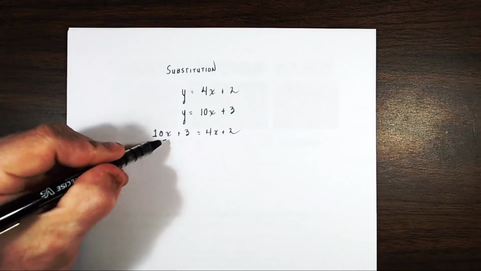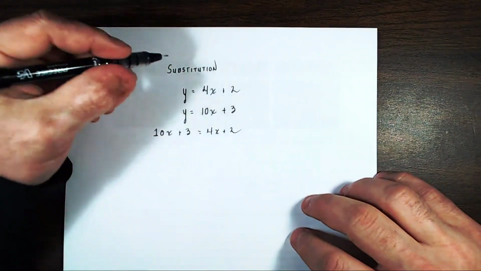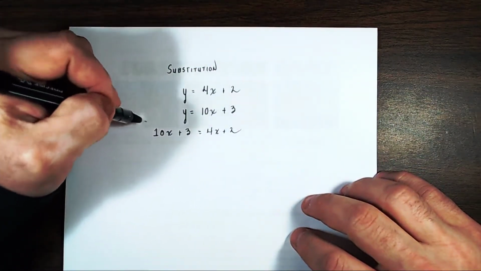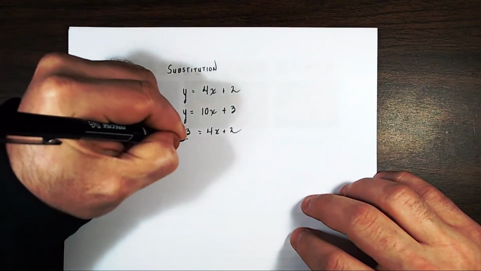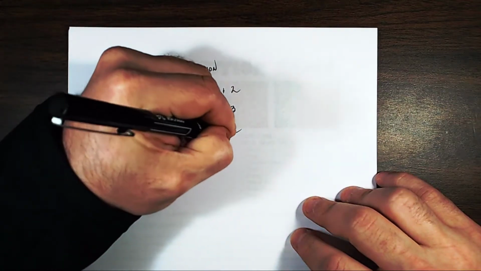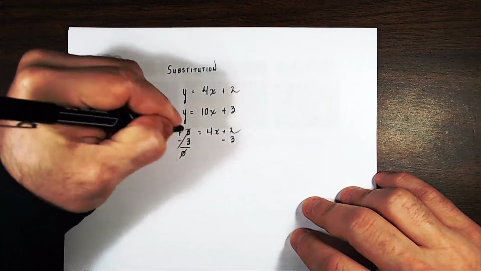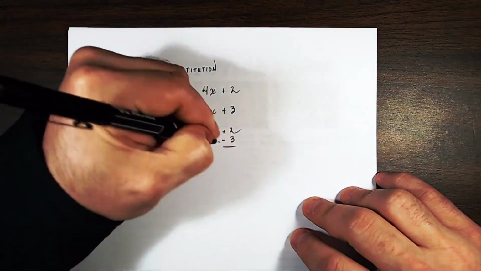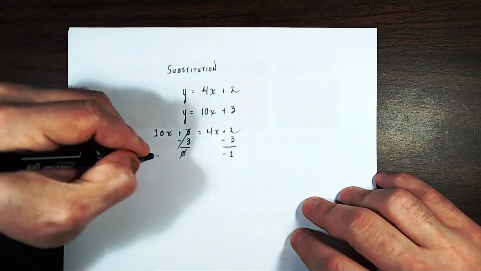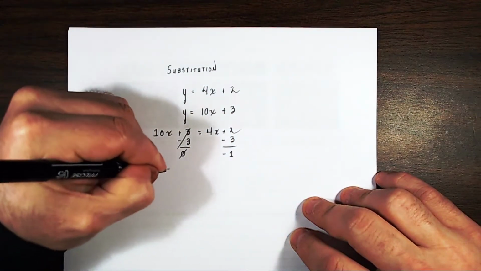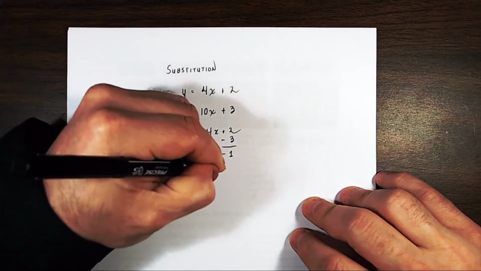And now I'm going to solve for x. So let's work through the solution. I want to gather all my x's on the left side and all my numbers on the right side. So I'll start by subtracting 3 here and subtracting 3 here. That cancels out to 0 on the left, and it leaves me with negative 1 on the right. Let's rewrite our expression: 10x equals 4x minus 1.